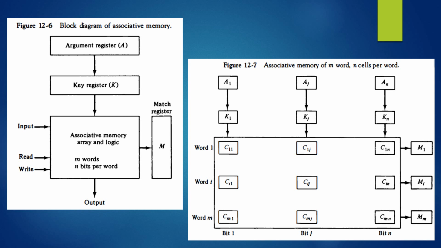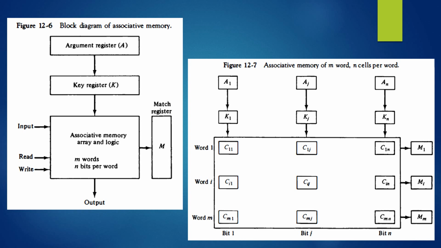Now in this block diagram we can see the first is the argument register, the second is the key register, the third is the match register, and we have a rectangle box which is the associative memory array.